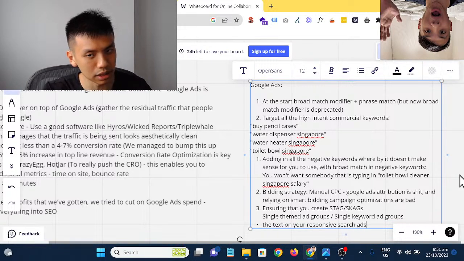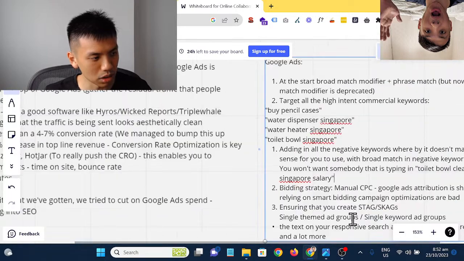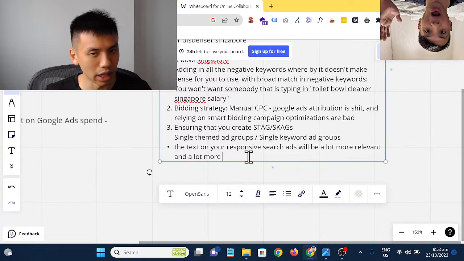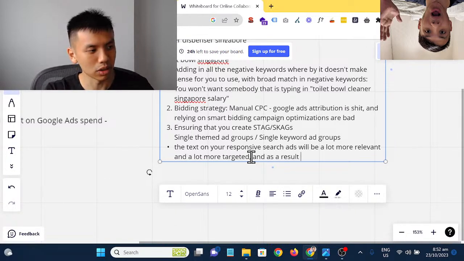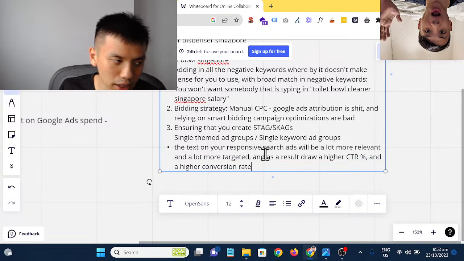The text on your responsive search ads will be a lot more relevant and a lot more targeted, and as a result draw a higher CTR percentage and a higher conversion rate. Right?